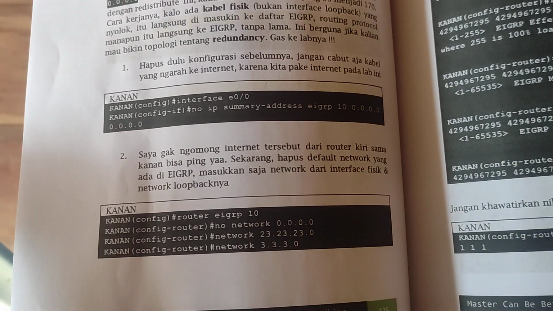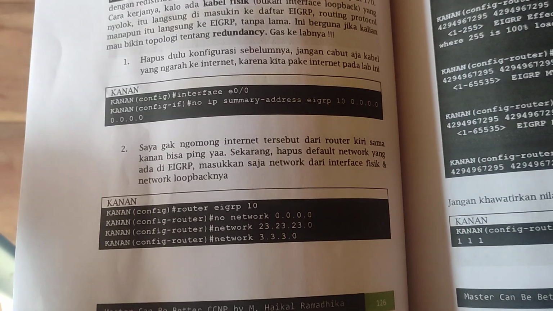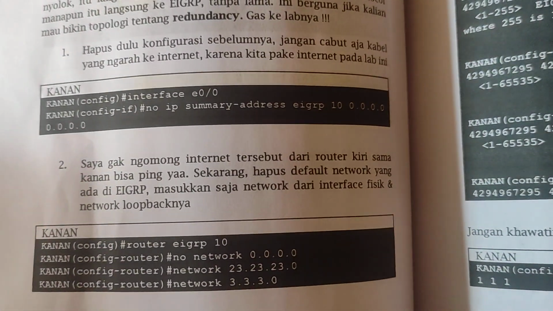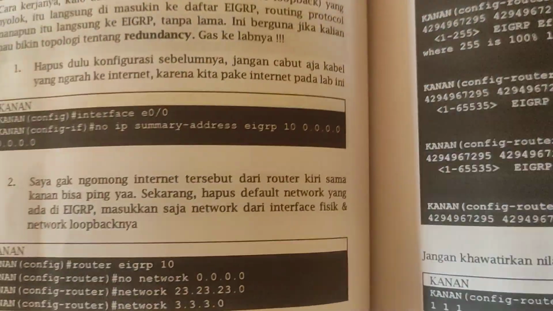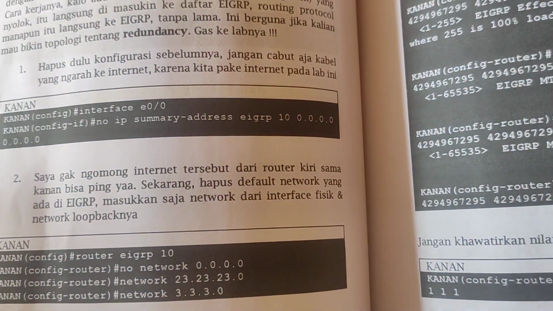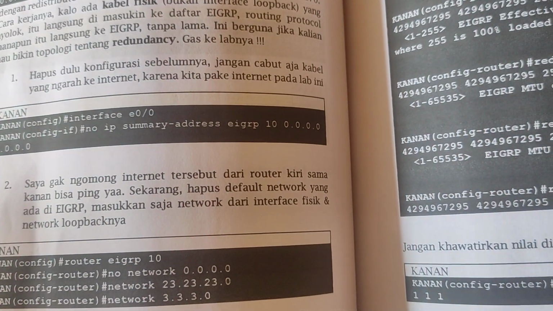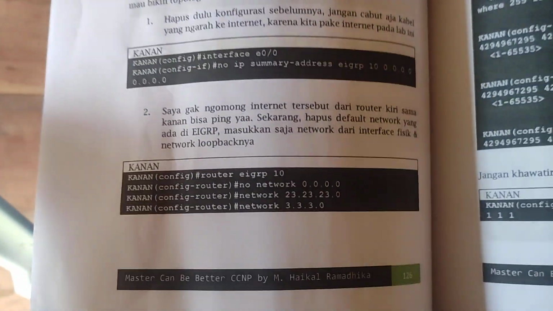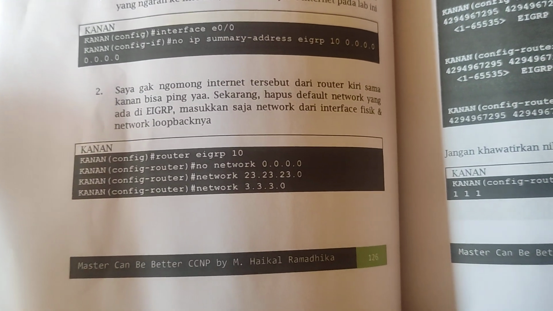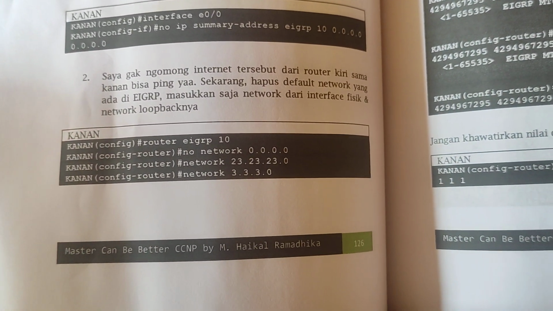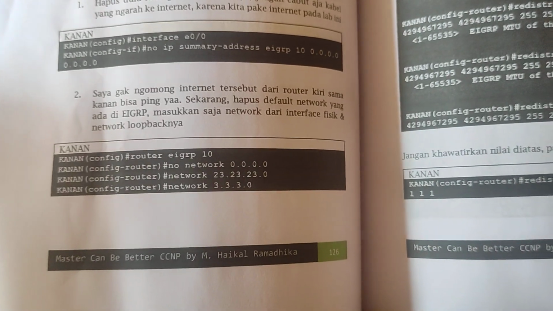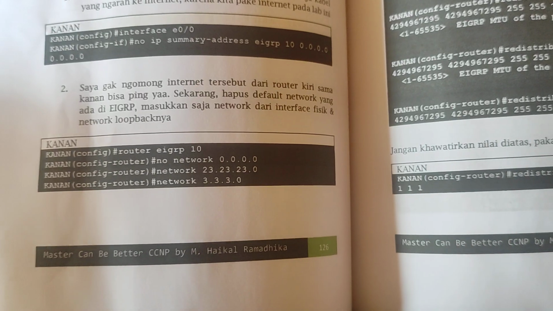You can first enter the interface Ethernet 0/0, then you can delete with no ip summary-address eigrp 10 0.0.0.0, and then the subnet mask. And then in the right router you can enter router eigrp 10 and then no network 0, and then you can add the network 23 and then network 3.